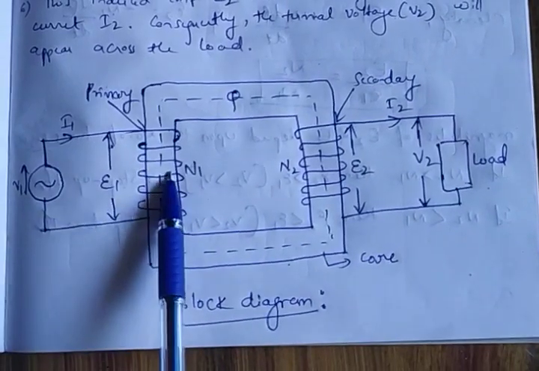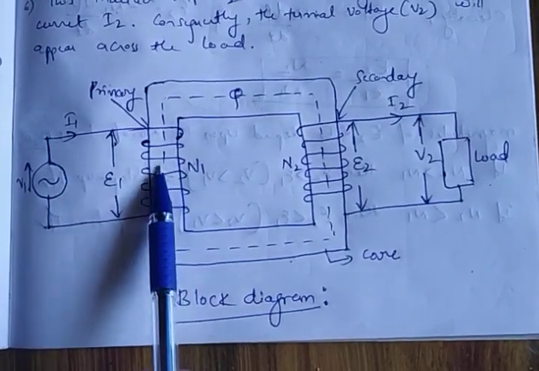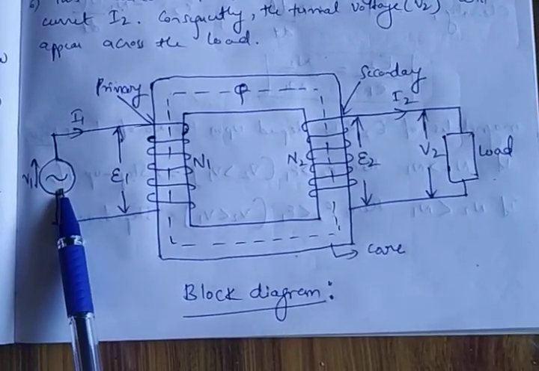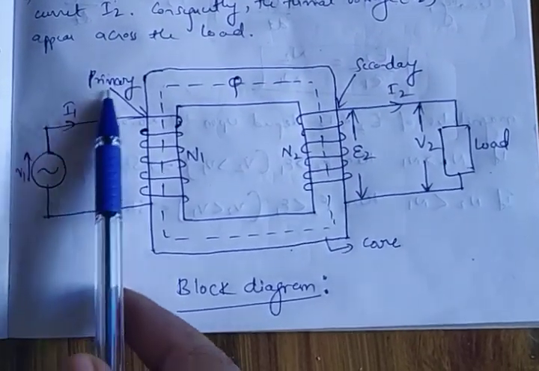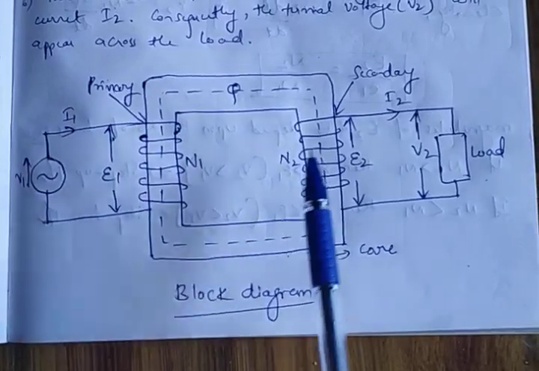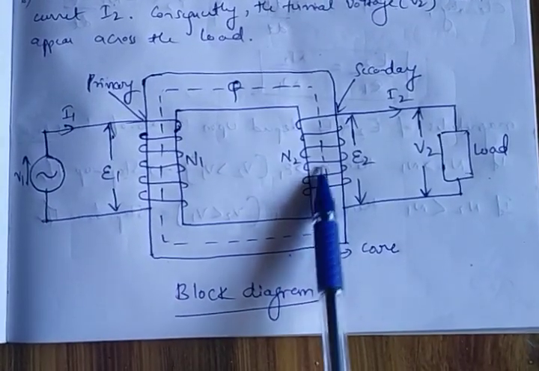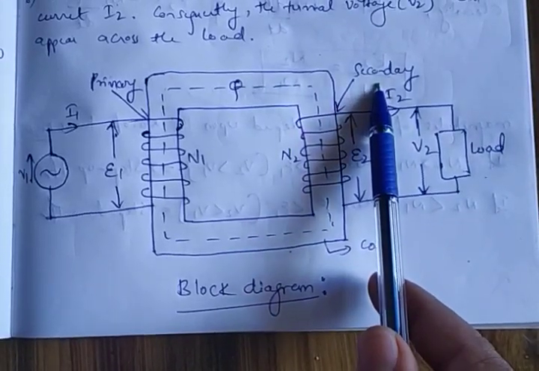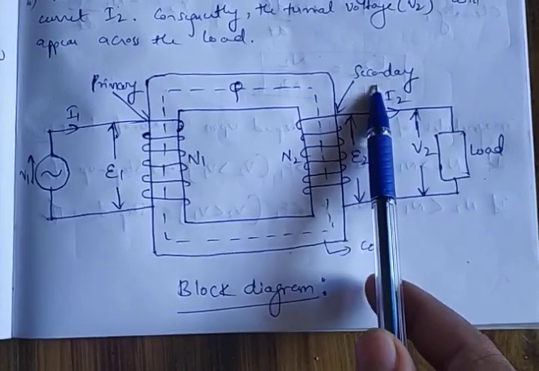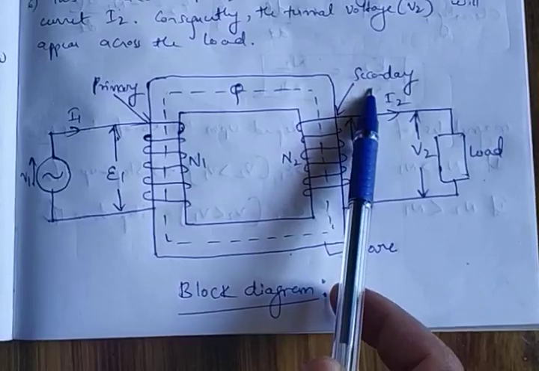The winding which is connected to the source or supply is called the primary winding, and the winding which is connected to the load we can call the secondary winding.